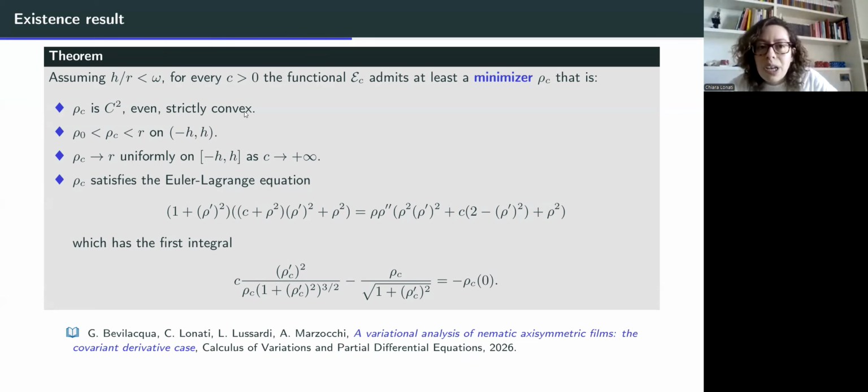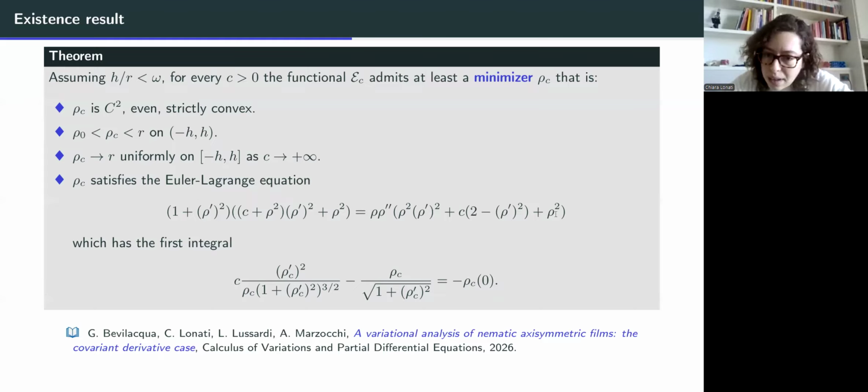then for every C, we have at least a minimizer. And this minimizer has a lot of geometric properties: it is C2, even strictly convex. It always lies higher than the catenary, but it always lies under the straight segment at height R. It tends to the straight segment as C tends to infinity.